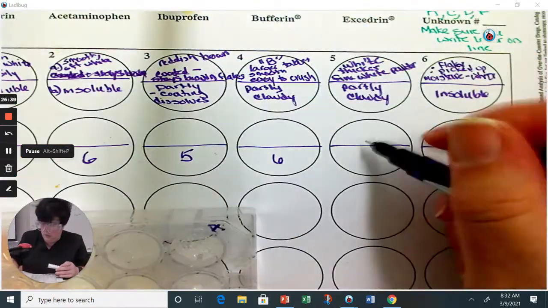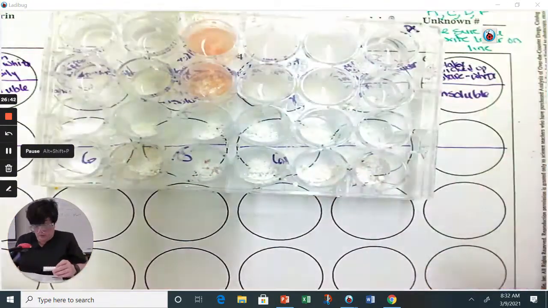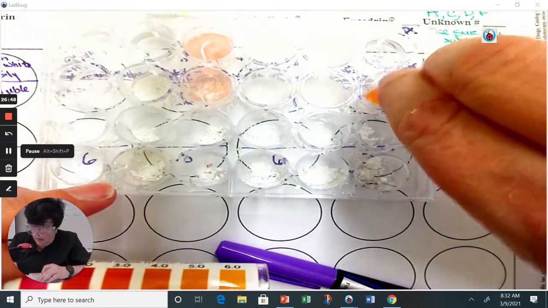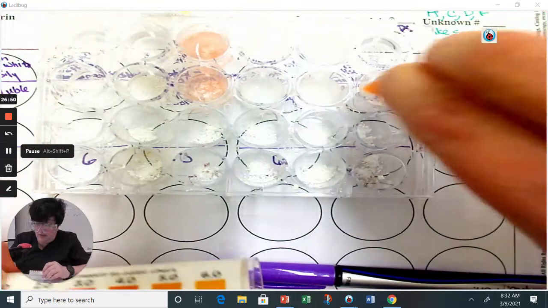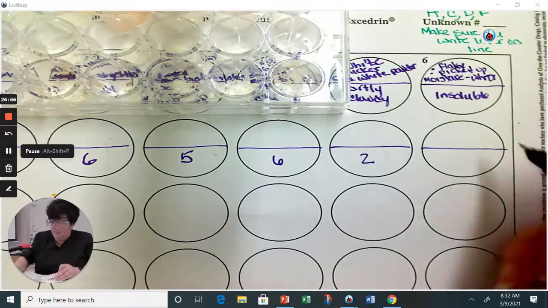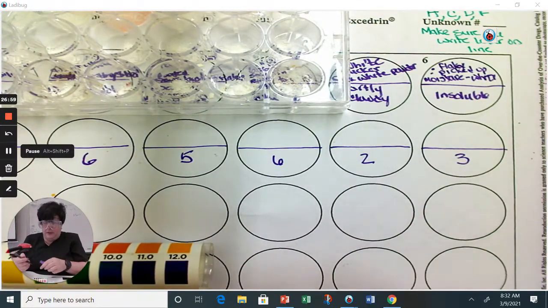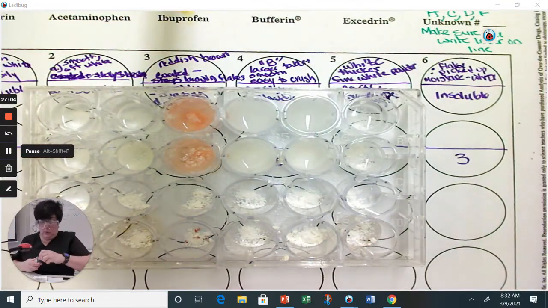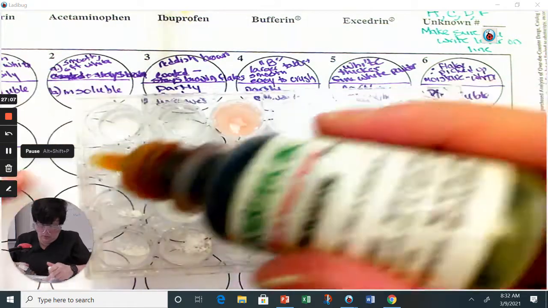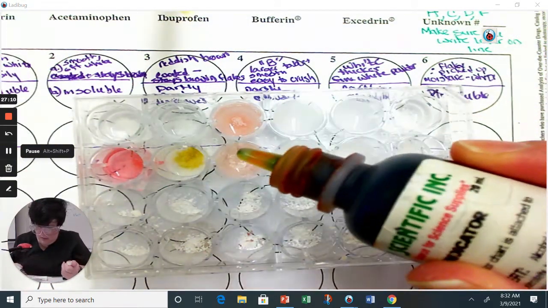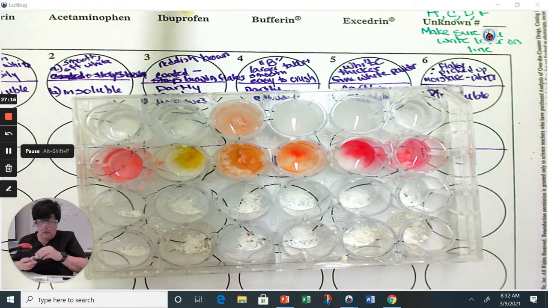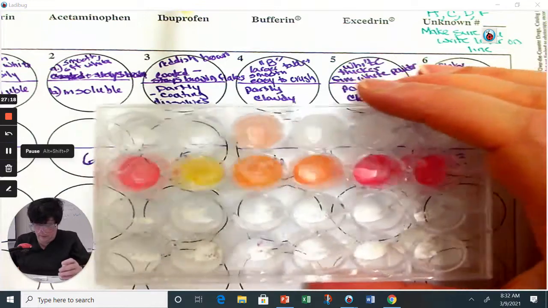Almost a 1. That's going to be tough on your tummy. Excedrin's for migraines. And then unknown A. That's like a 3. Yeah, I'll go 3. Now I'm going to put in the universal indicator and see what color it turns. It should be similar in color to your pH paper, but it can taint your pH paper's results. Swirl it a little.